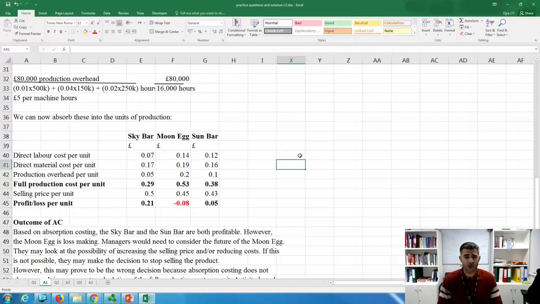Of course you will comment that for the moon we are making a loss per unit of 8 pence. So you've got three solutions to put on the table. The first one is, of course, you increase the selling price. The second, you decrease the cost.